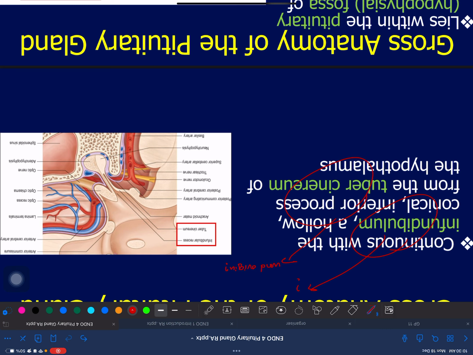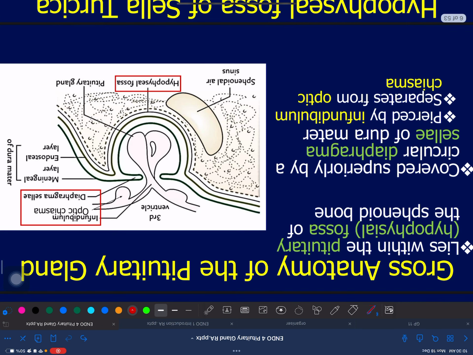This is the pituitary gland again. This is the infundibulum. Atas ni adalah hypothalamus. So it sits or lies within the pituitary fossa. Nama lain, some of the books call it hypophyseal fossa, some call it pituitary fossa. Sama okay.